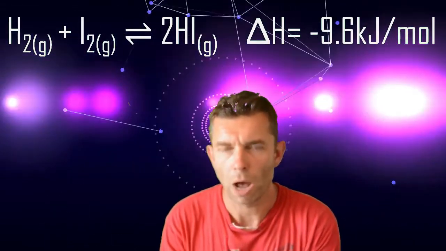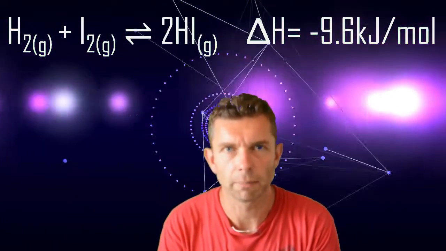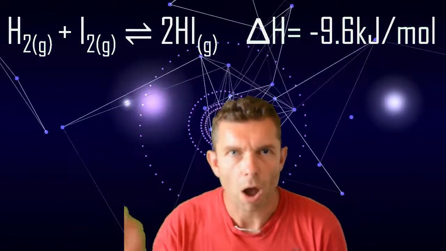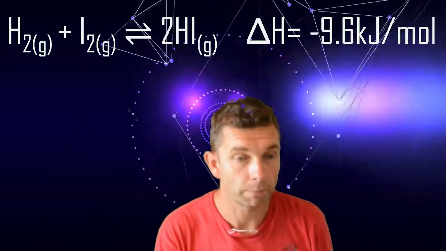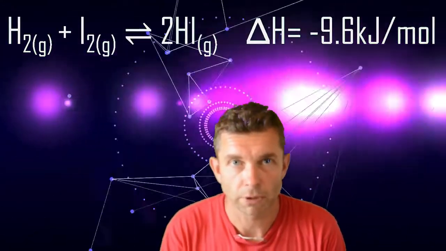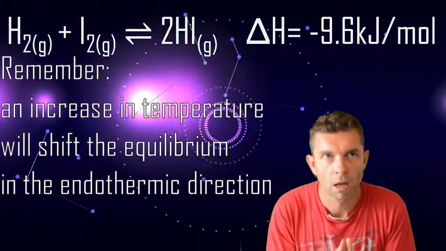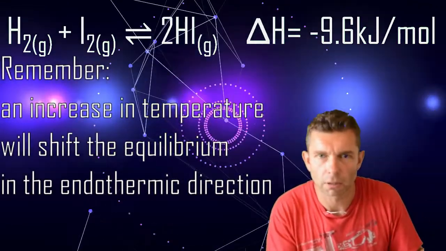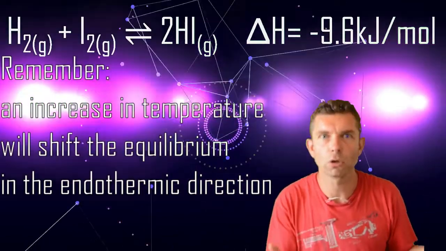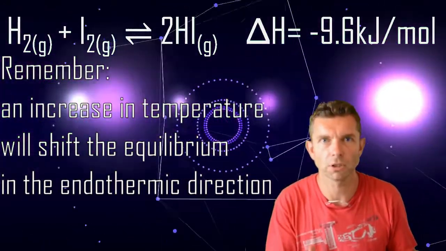So what happens if we start fiddling about with the system in equilibrium of this reaction by changing the temperature? Well, if I increase the temperature, what's going to happen? Well, the reaction in the forward direction releases energy. Okay, it releases heat as it is. So it's not going to want to do that. It's going to want to oppose that change.